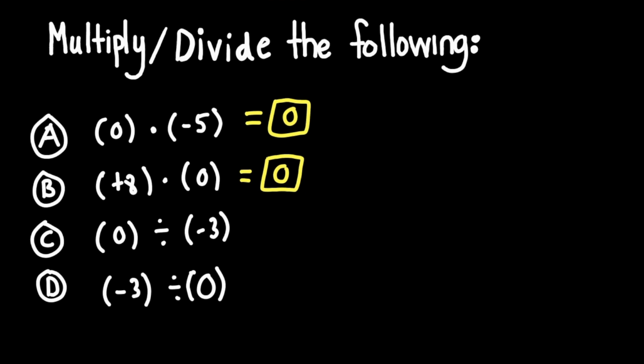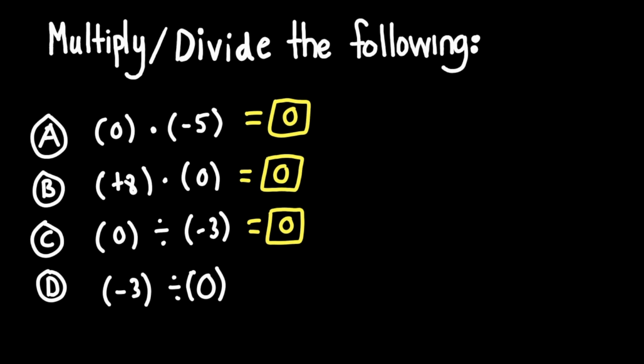In C down here, we have 0 divided by negative 3. Now 0 divided by any positive or negative number will always equal 0. So 0 divided by negative 3 is going to equal 0. Now in the same way, you might think that negative 3 divided by 0 is also going to equal 0, but that's not the case.